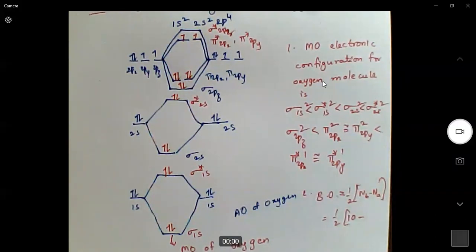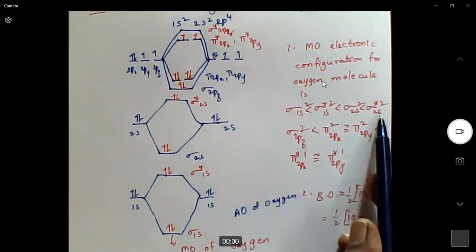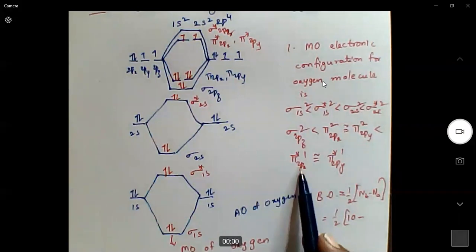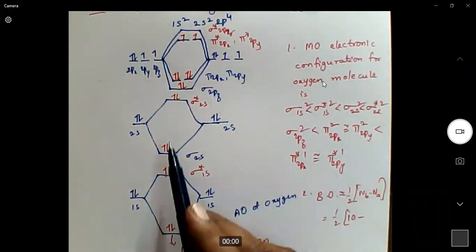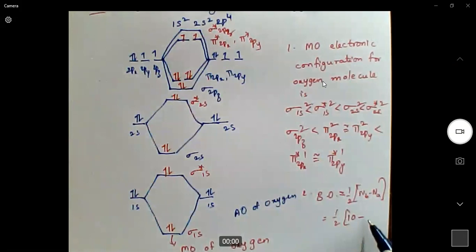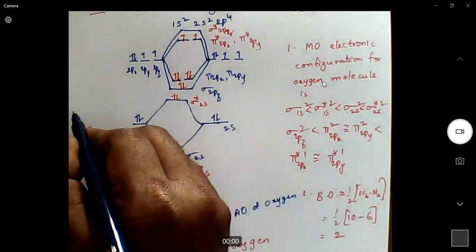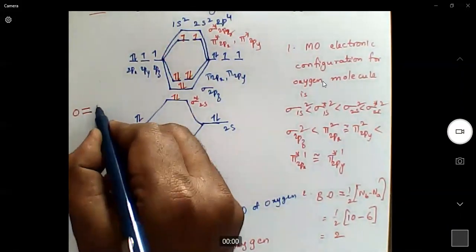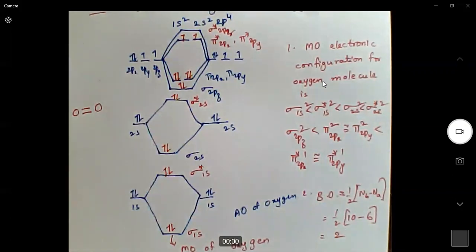In anti-bonding orbitals: sigma star 1s, sigma star 2s, pi star 2px, pi star 2py, so 2 plus 2 plus 2, total 6 electrons. So the difference is 4, half of it is 2. That means there exist 2 bonds between the 2 oxygen atoms.